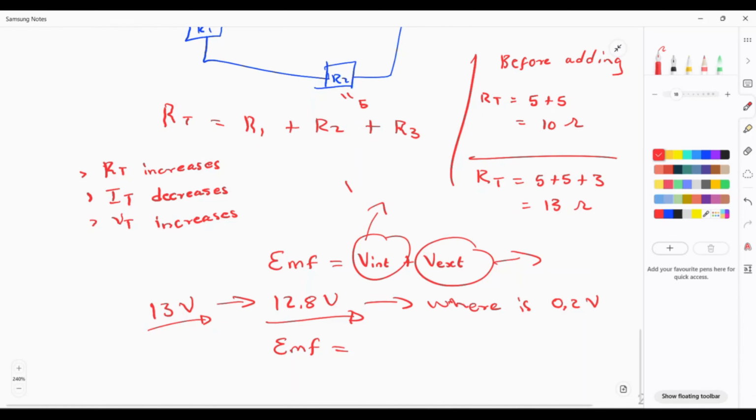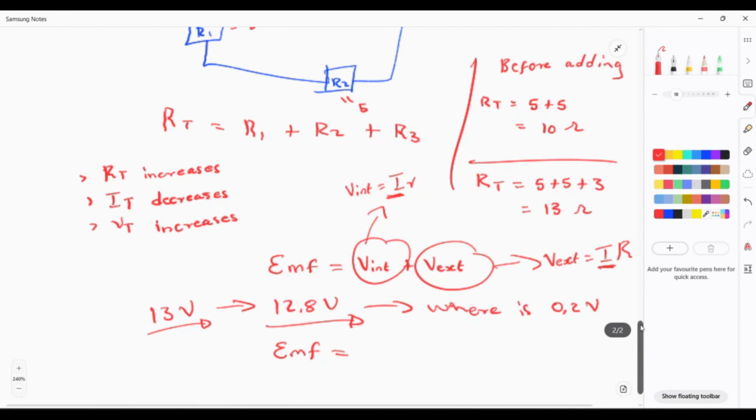For internal, V internal is equal to IR, and for V external is equal to IR. I see something similar in both of them: the total current, the capital letter I. Very, very important.